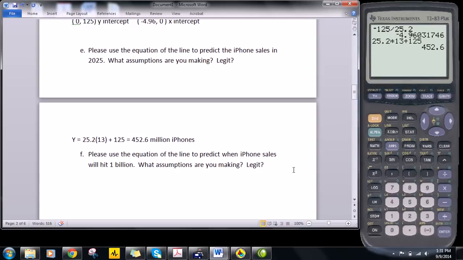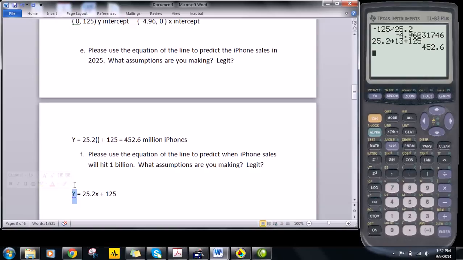Now I want to finish this up. I want to use the equation of the line to predict when iPhone sales hit 1 billion. So instead of plugging in for my independent variable, I'm going to plug in for my dependent variable. Here's my original equation of the line. Remember, y is the number in millions of iPhones sold.